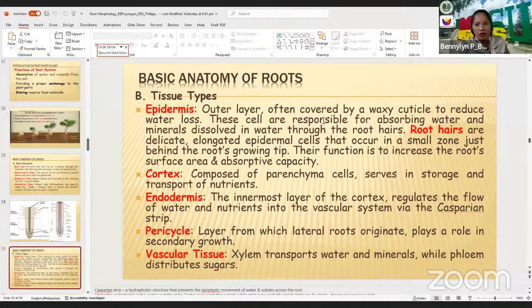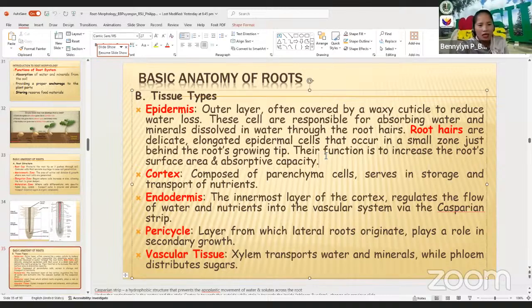These cells are responsible for absorbing water and minerals dissolved in water through the root hairs. So this is the function of the root hair. They are delicate elongated epidermal cells that occur in a small zone just behind the root growing tips. Its main function is to increase the root surface area and absorptive capacity.